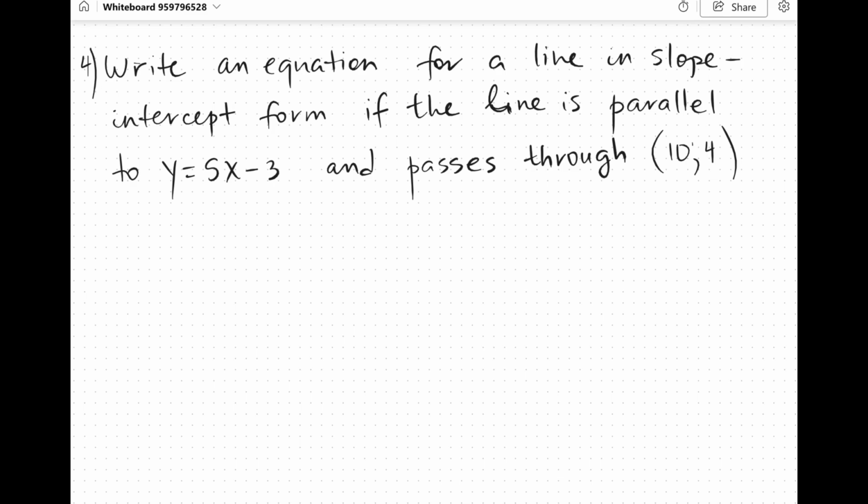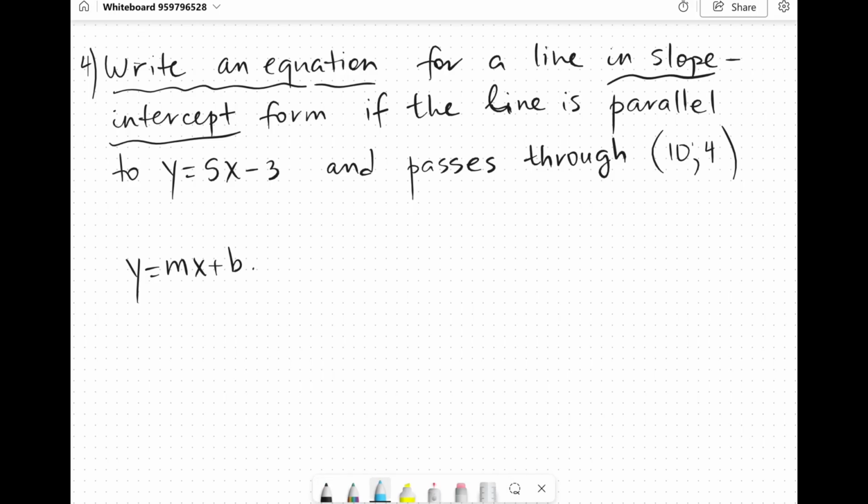Write an equation. So it's asking us to produce an equation for a line, and that equation needs to be in slope-intercept form. So what they want from us at the end should look like this. If the line is parallel to this other line, so this isn't the equation of the line that we are writing for. This is the equation of some other line, but we know that our line will be parallel to it.